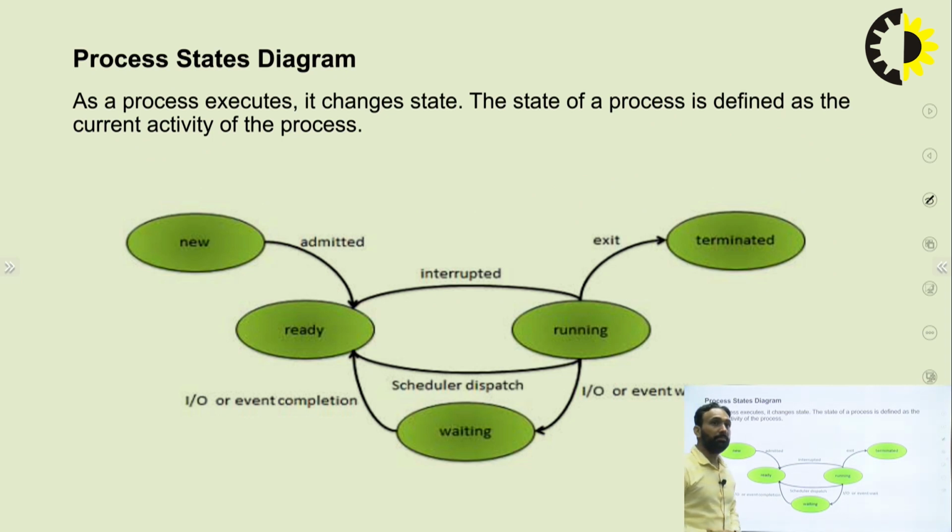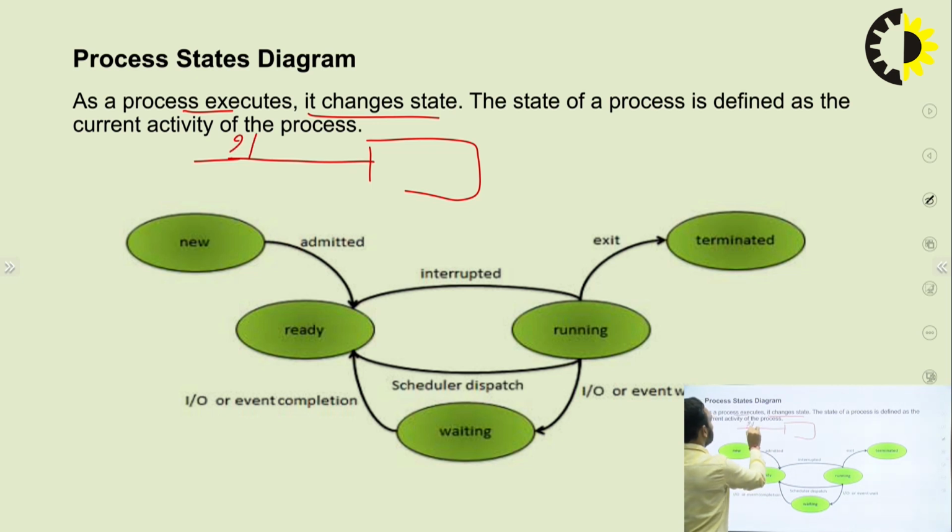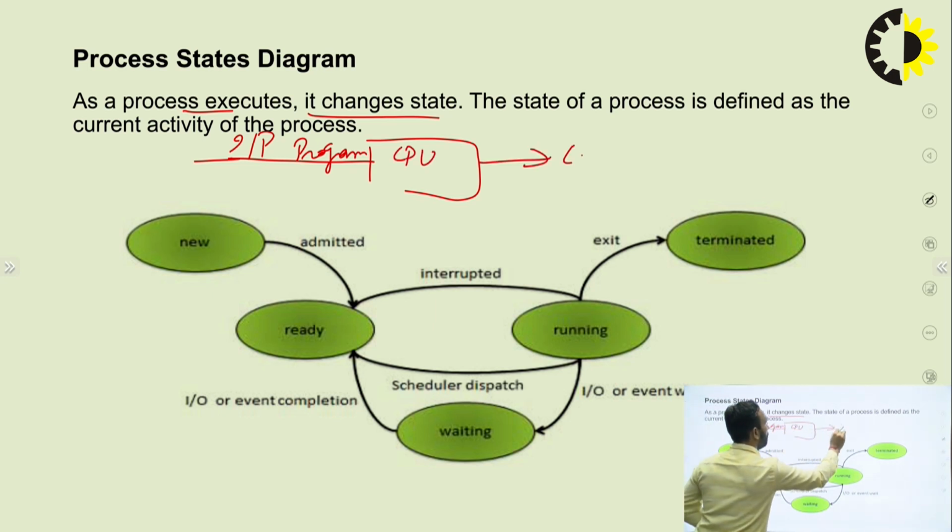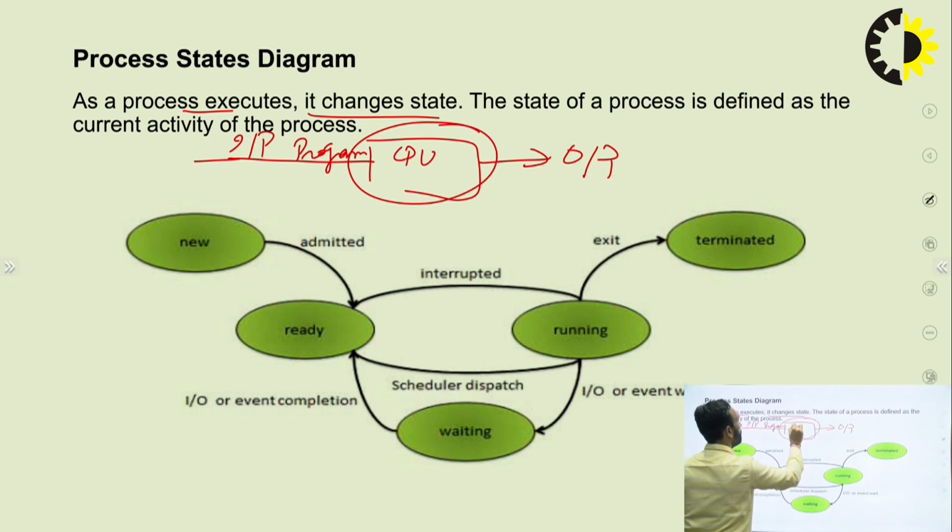Now this is the process state diagram, which we can see on the screen. As a process executes, it changes its state. As I said, when we input a program to the CPU for execution, it will give output. During the execution, it will go through five states. What are these states? The first one is new, it is the first state.